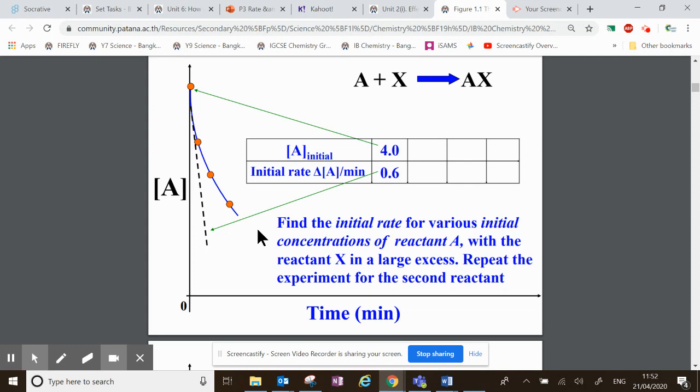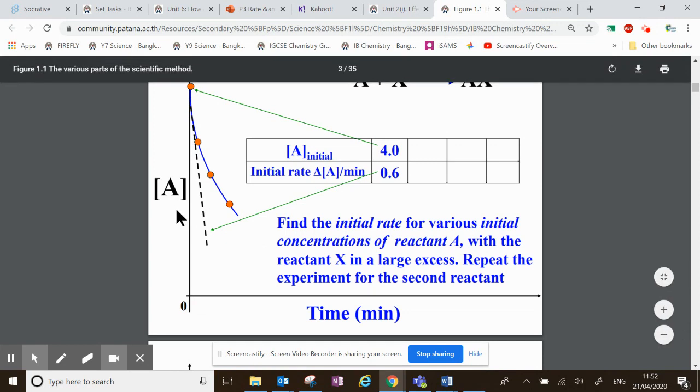So the gradient of the line is the rate of reaction. If you're working it out, the steepness of the line is rise over run: change in concentration of A divided by the time taken gives you the change in concentration per unit time, which is what the rate is.